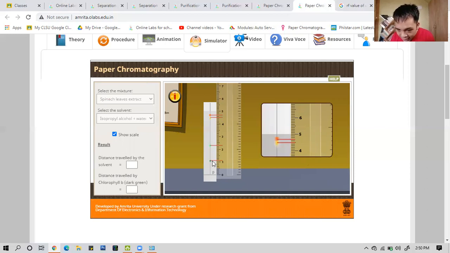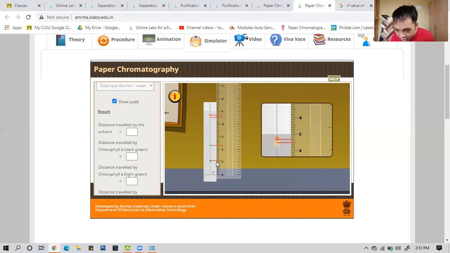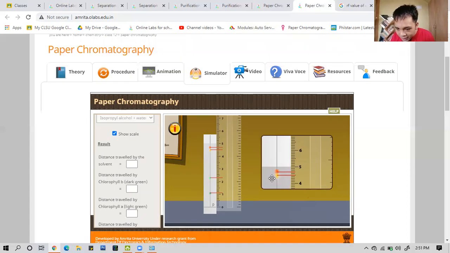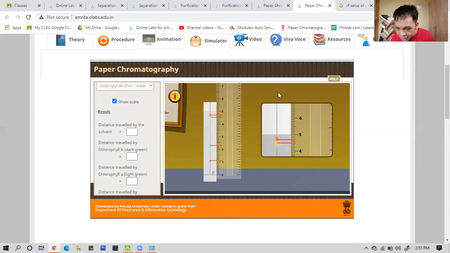Now dito, kunin natin itong dark green natin. Ano ba yung dark green natin? The chlorophyll B. Kukunin mo lang siya dito. Ibababa natin siya. The dark green daw, ilang inch daw siya is 1.1 inch all over 5 inch. So therefore, ilalagay mo siya dito na 1.1.